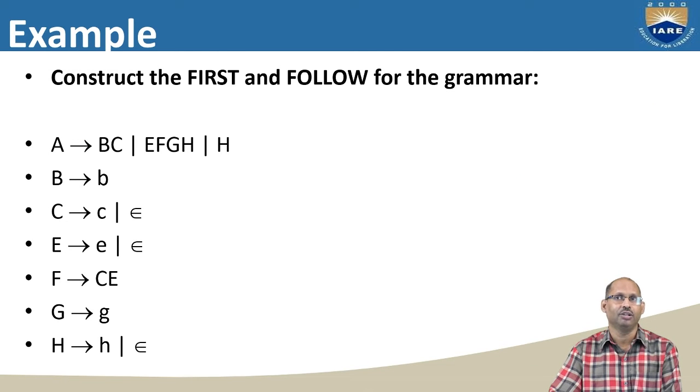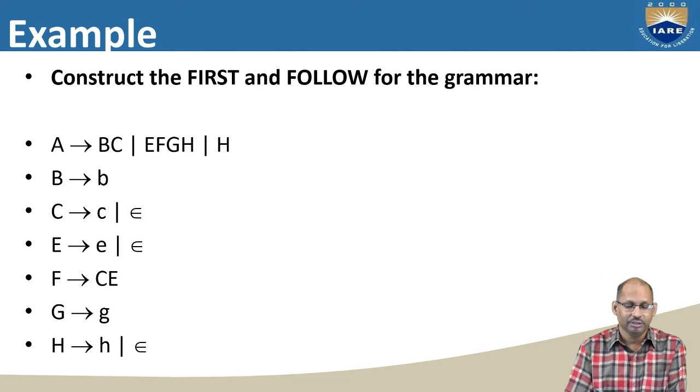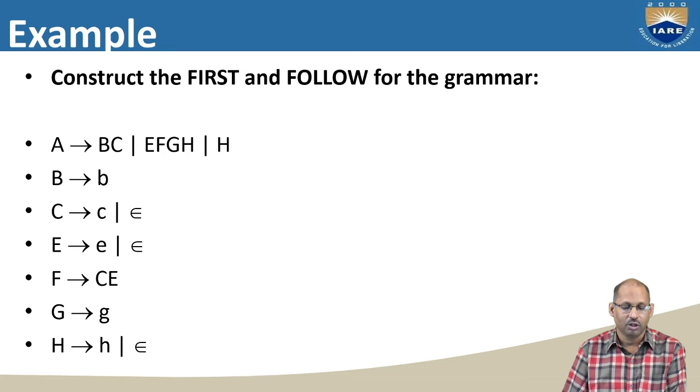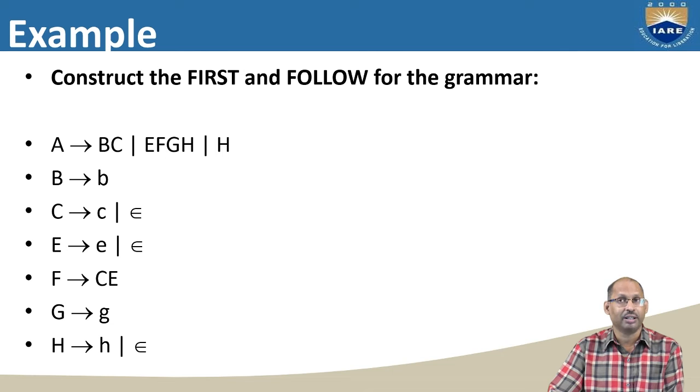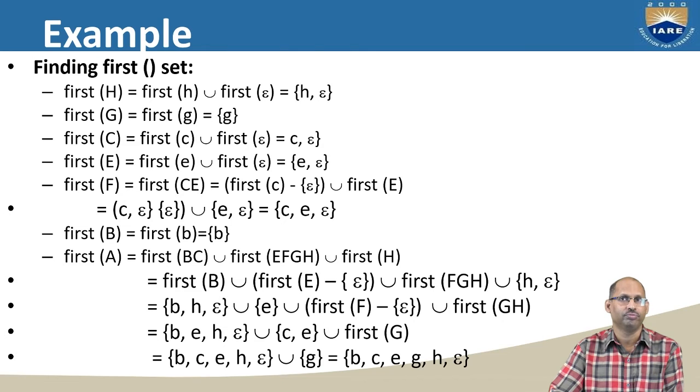Here we construct first and follow for the grammar. These are the productions that are given. How many variables are here? A, B, C, E, F, G, H. All these are the variables. For this grammar, we have to find first and follow.